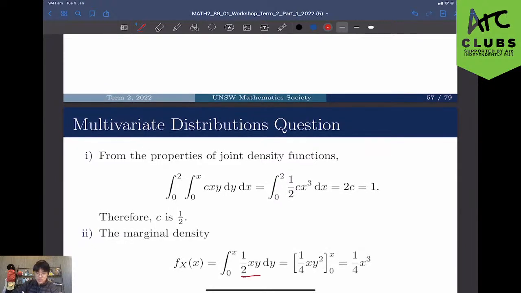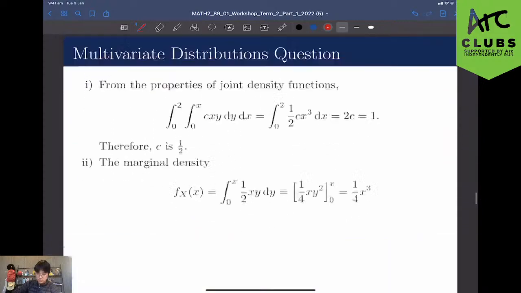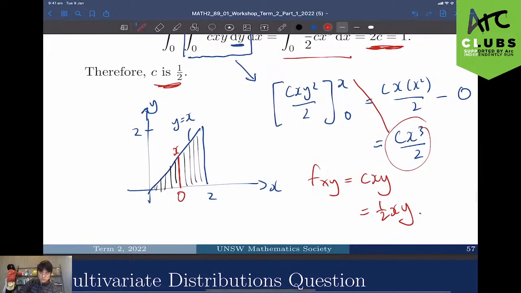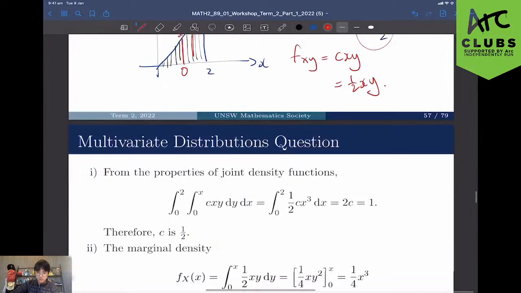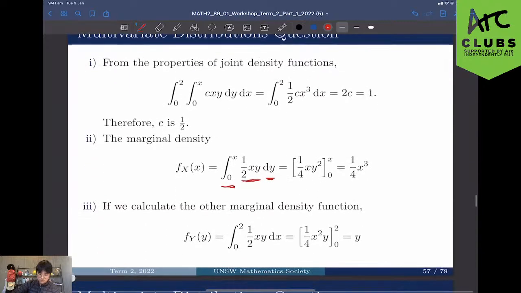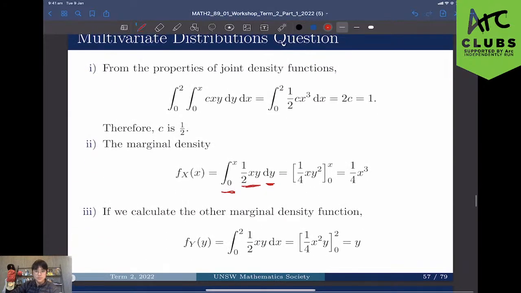We're going to integrate the joint density function with respect to y, and we have to select the y domain. So if we recall, for y, we here have y is equal to x, so that's why we select x as the domain for all of y.